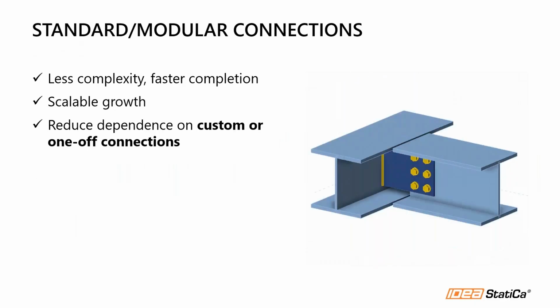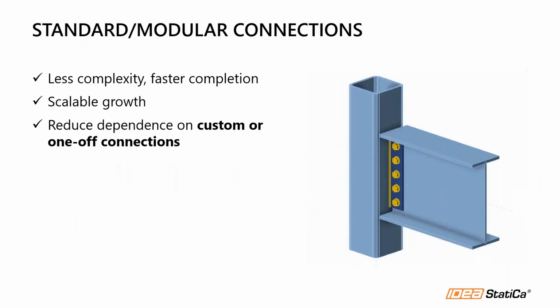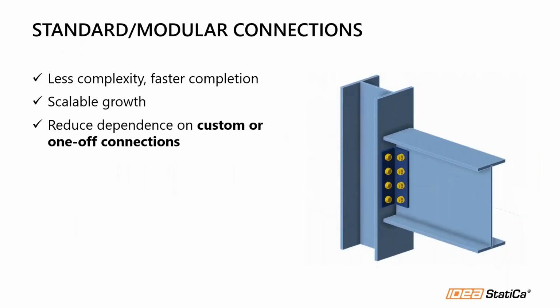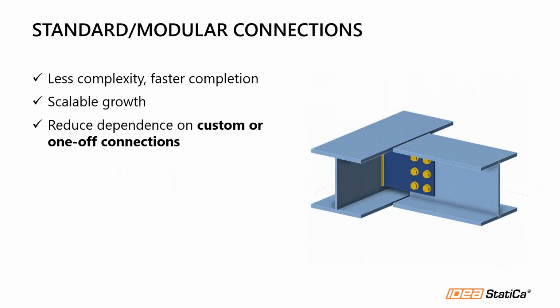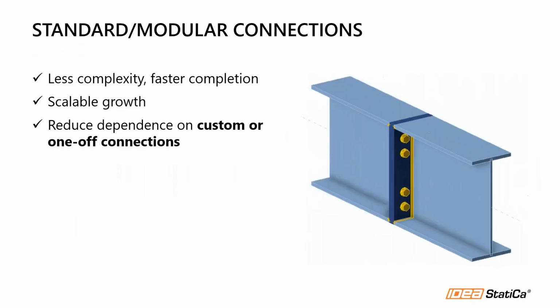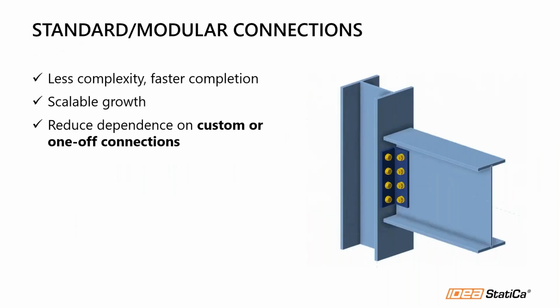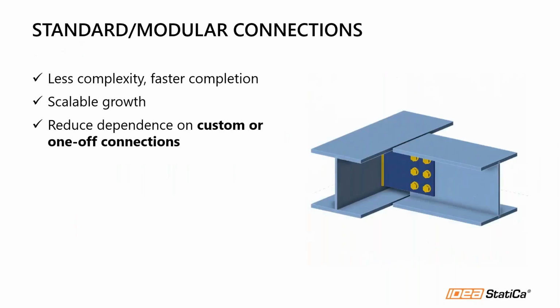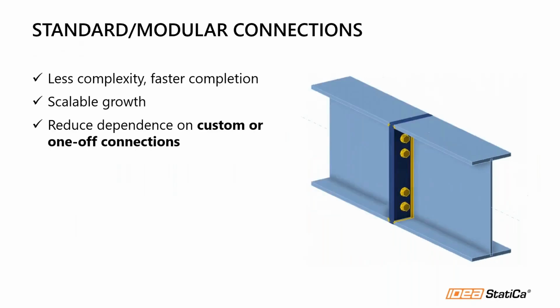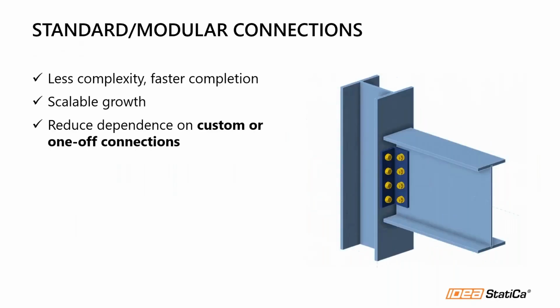Now, as mentioned, standard and modular connections are all about speed. So with more standard connections, the project will have fewer unique details, which will lead to faster modeling, checking, and approval. Now, your modular connection libraries will support rapid expansion across multiple buildings or different phases of that same building.